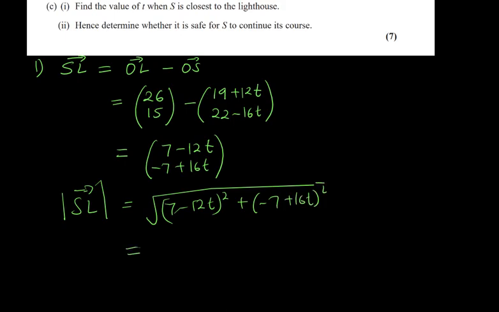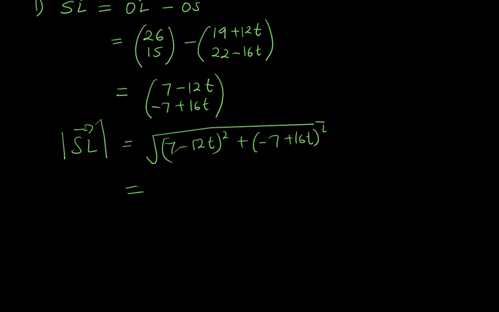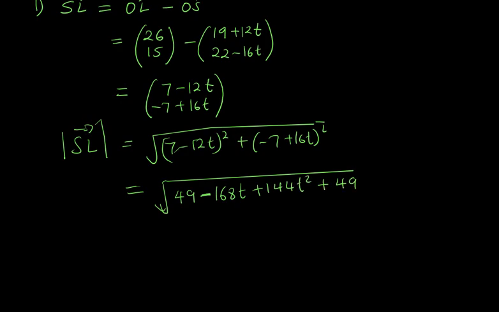When you work this out, it gives you 49 minus 168t, then plus 144t squared, then plus 49, then minus 224t, then plus 256t squared. So this is our SL.